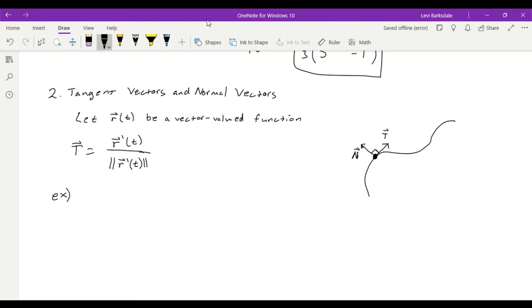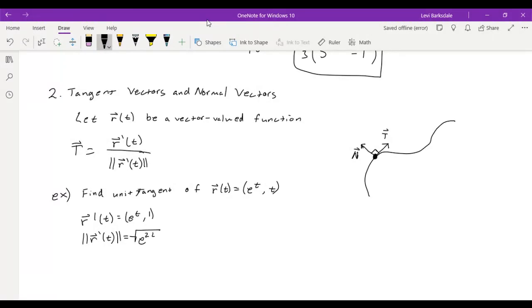For example, if we wanted to find the unit tangent of r of t equals e to the t comma t, well, we can really easily find our first derivative, which is e to the t comma 1, and then the magnitude of that first derivative would be equal to the square root of e to the t squared, which is e to the 2t, and then 1 squared is 1.